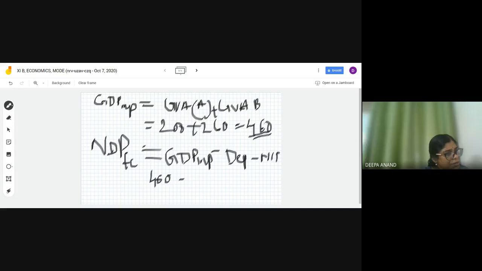What is the depreciation? Consumption of fixed capital, CFC, is 120, minus NIT, 75. This will give you NDP at FC. 460 minus 120 minus 75.